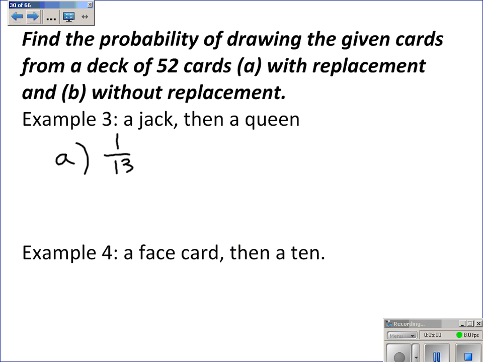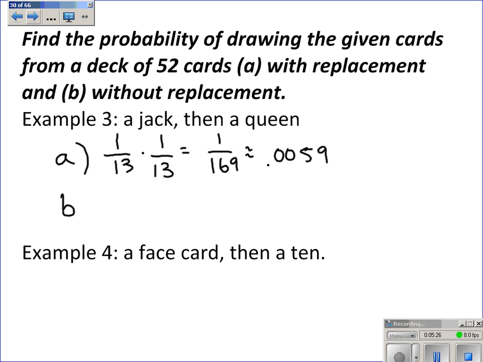If I put it back in, shuffle the cards, and pick out a second card, the probability of it being a queen is also 1 out of 13. So you get 1 out of 169, which as a decimal might be easier to work with: 0.0059. That's with replacement.